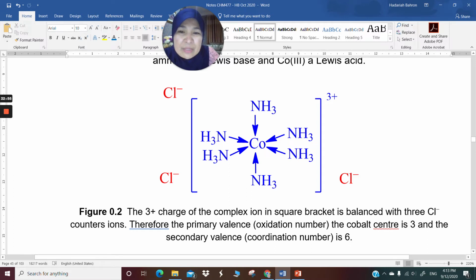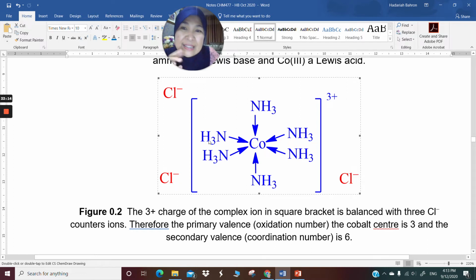Sometimes students will make a mistake of drawing NH3 like this. NH3 like this, when the nitrogen is closest to the cobalt, is correct. But if it's on the other side of the cobalt like this, it will become H3N.